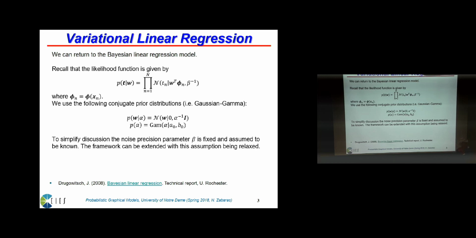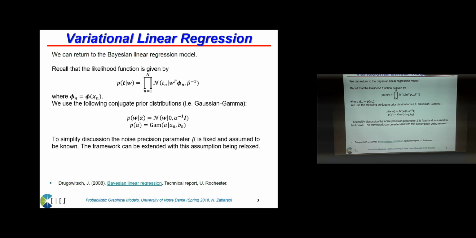If you're asking for the posterior distribution of W, this problem has a closed form solution. We have done it. And again, if you don't know it, it doesn't matter, because we're going to do an approximation from scratch. But there is a posterior of W, and not only that, there is a predictive distribution for t for any x, where you integrate W out.